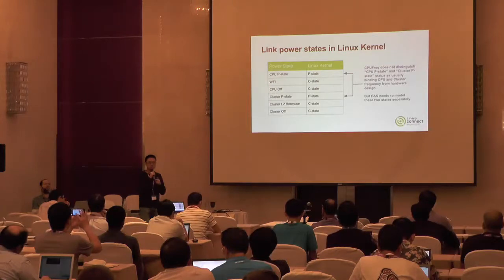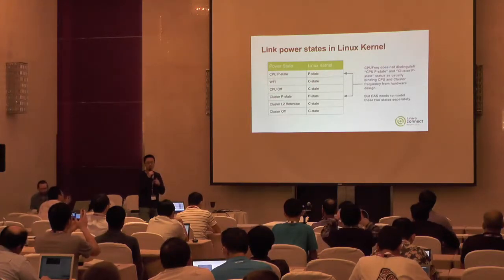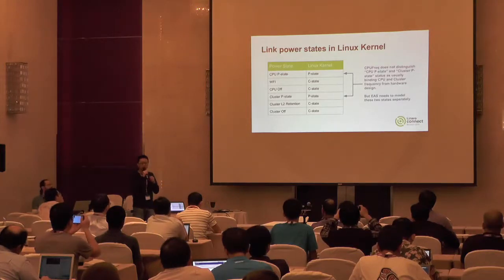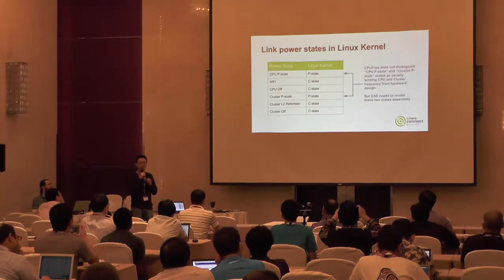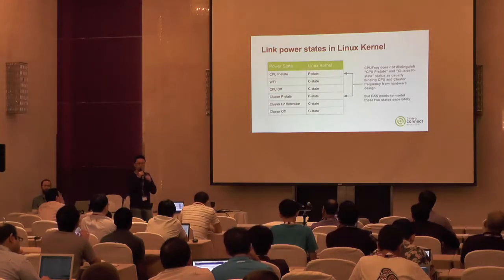We just think it's the same one, and we change the frequency at the same time. But this is quite different from EAS power modeling, because for EAS power modeling, we need to distinguish the CPU level and the cluster level power parameter.